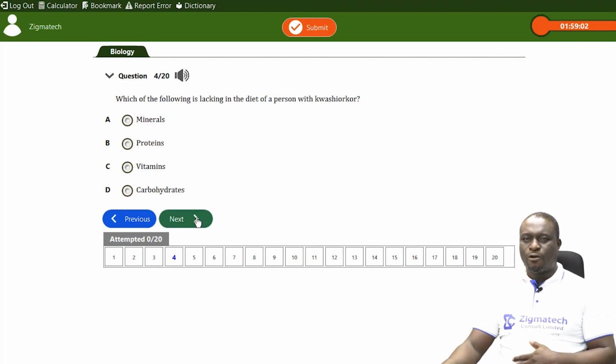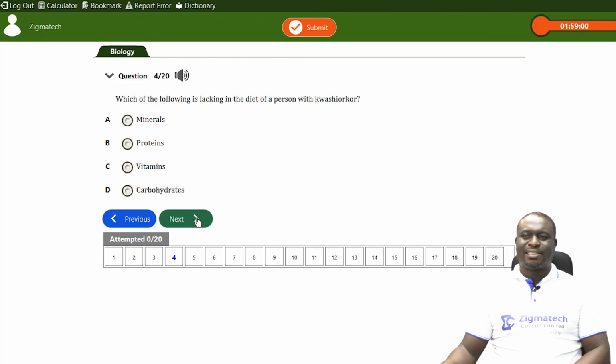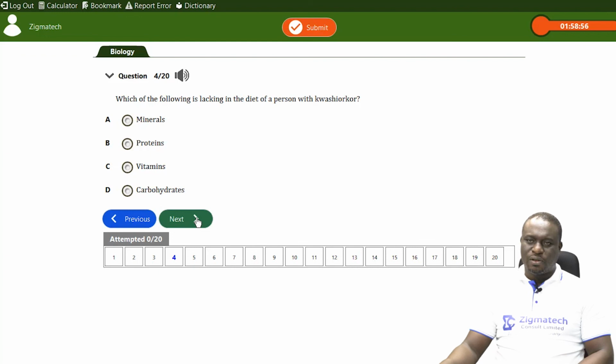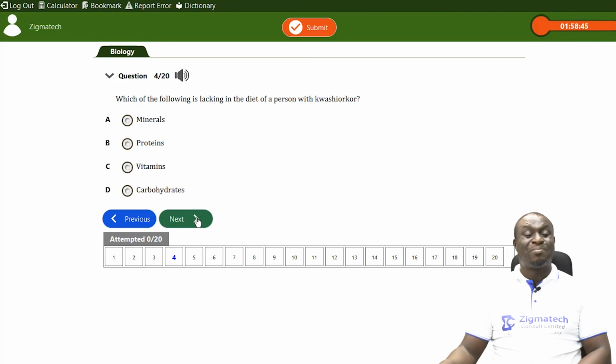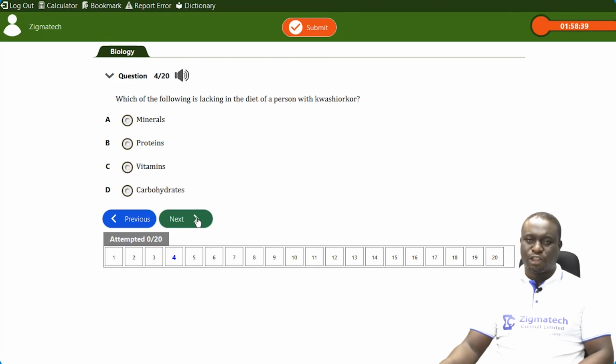Look at question 4. Which of the following is lacking in the diet of a person with kwashiorkor? The correct option there is proteins. When a person's diet is deficient in protein, it will result in the disease called kwashiorkor.